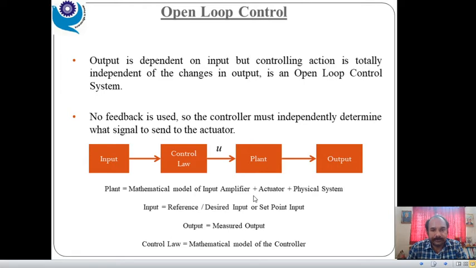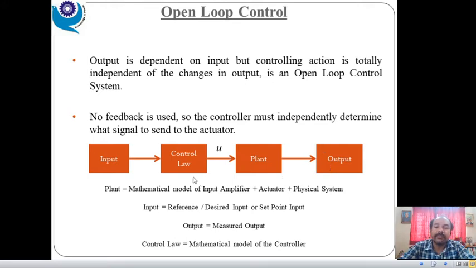The first thing that we are going to learn is the open loop control system. In the open loop control system, we can see the input, the control law or control logic, then u, which acts as an input to the plant, and the output that we get.